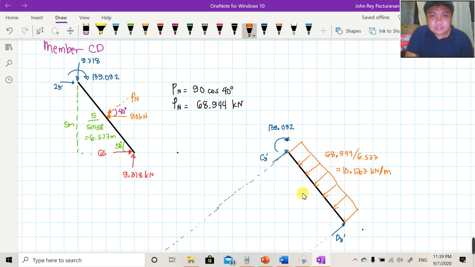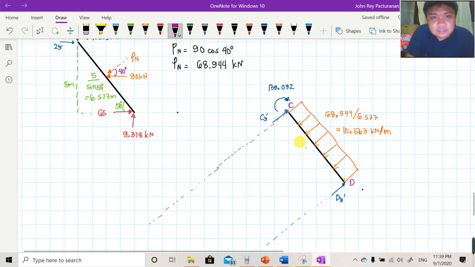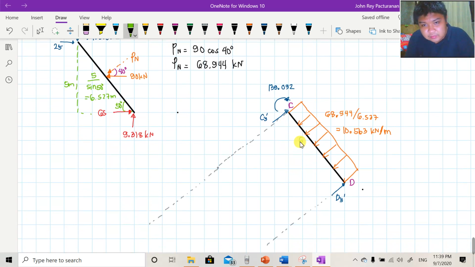Gamitin nyo na lang is summation forces. So halimbawa, ito na yung C, tapos ito na yung D. Hanapin natin class both CY and DY. Lagay ko na rin as 6.527 meters.